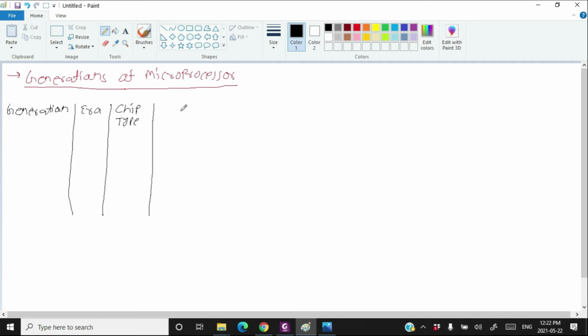After that, the word size. With every generation, word size improves. I will explain what the word size is. Then the maximum memory size.